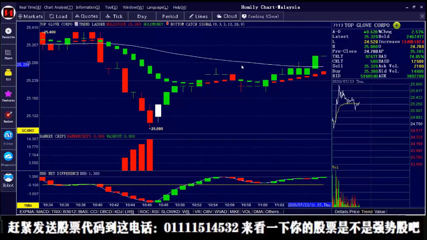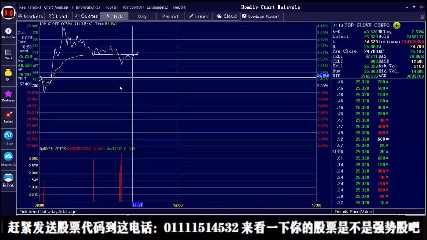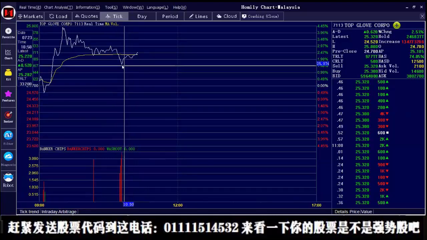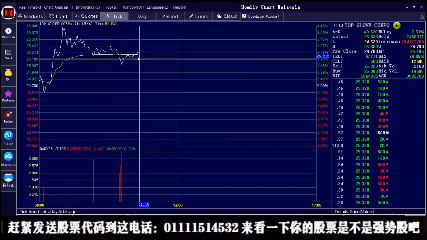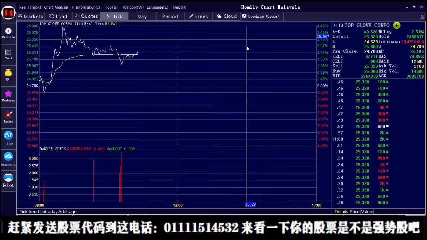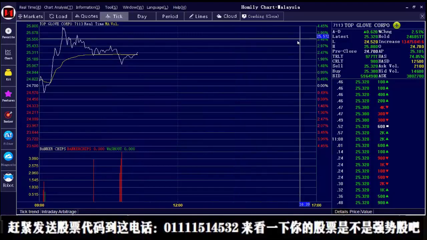And also you can use the tick chart here. Before the price goes up, here you got the banker chips appear. And there it goes up, goes down, goes up again. Break out the yellow line. Once it breaks out the yellow line, it means we go to the bull market, a short-term bull market, not the long-term bull market.